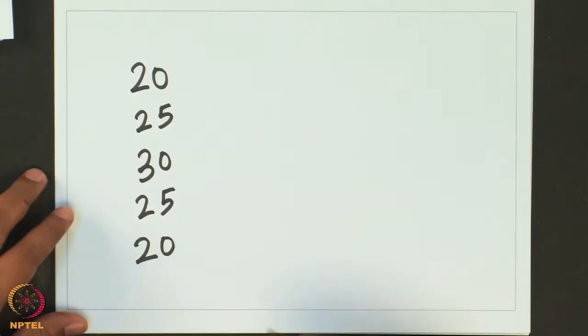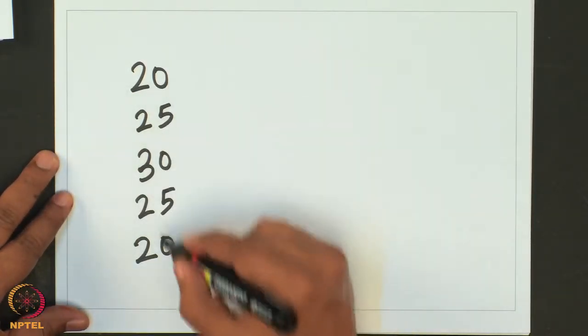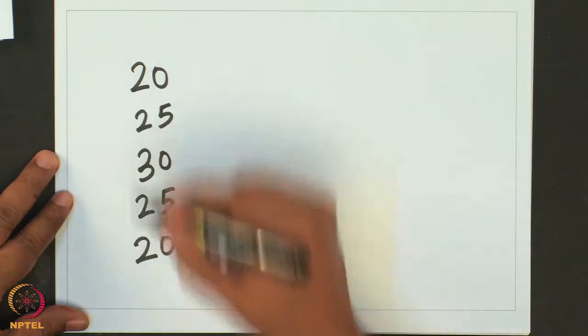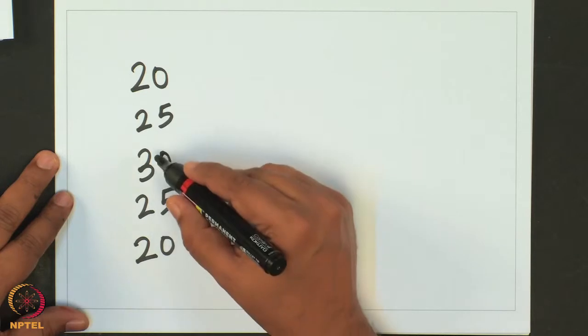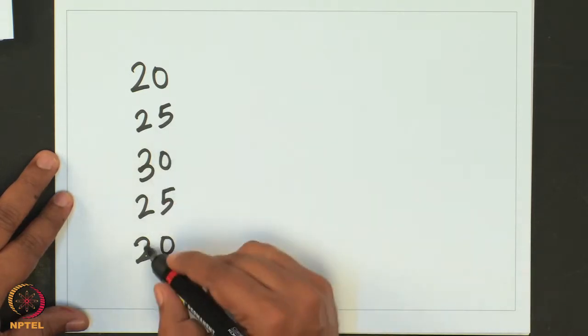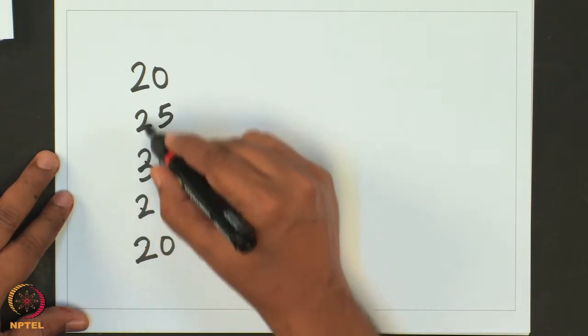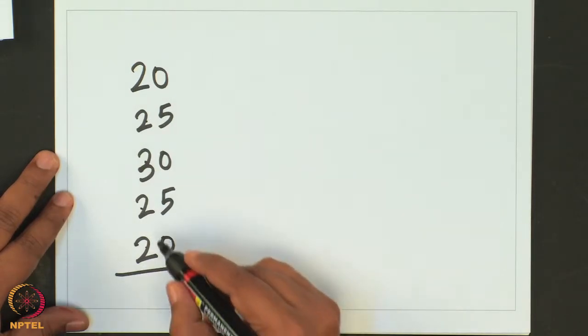These are the vitamin D levels of 5 different individuals, and we know how to calculate the mean.